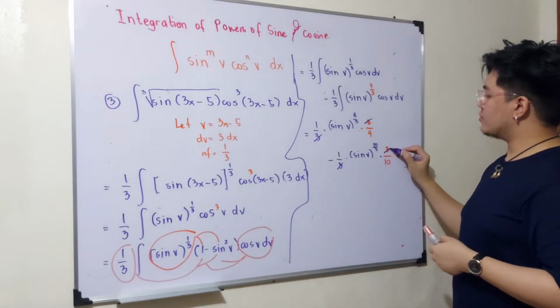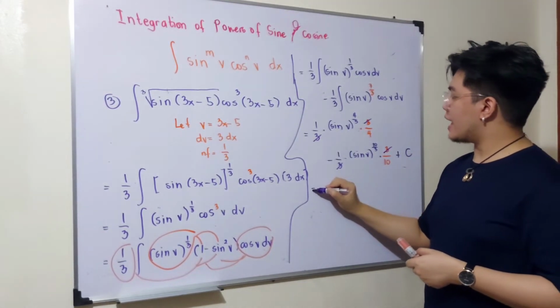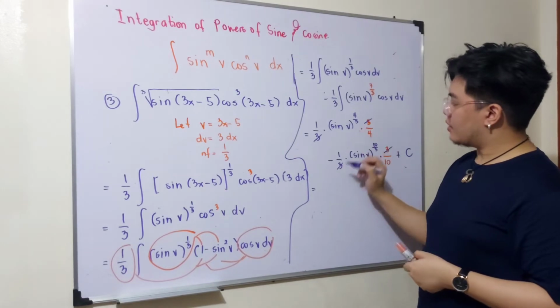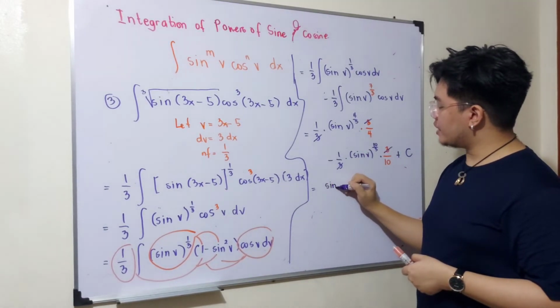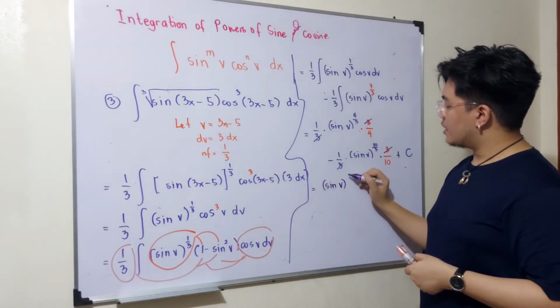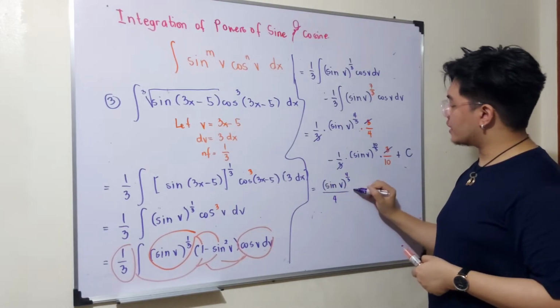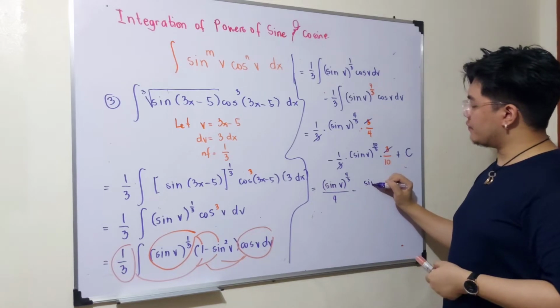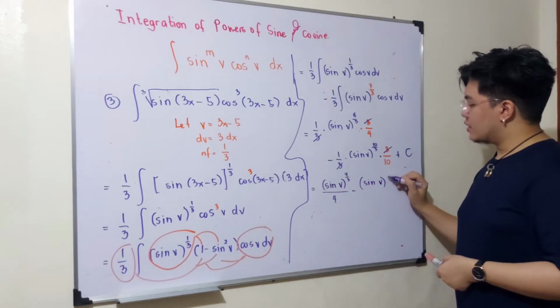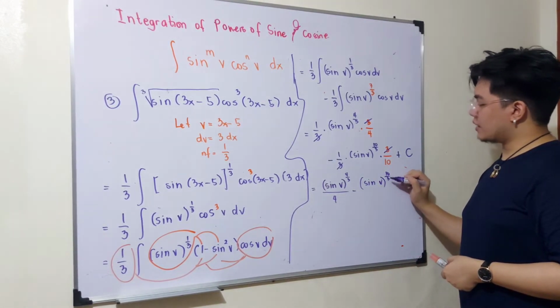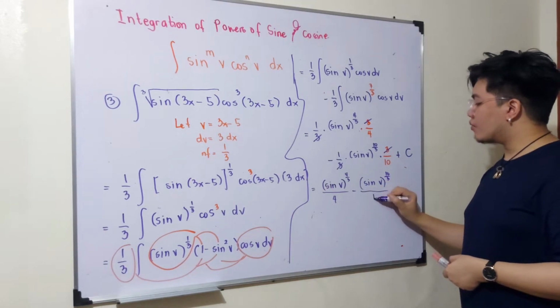Mag-cancel din ito. Bali, matitira na lang ay so we have sine V raised to 4/3 over 4 and then minus sine V na naka-raise sa 10/3 over 10 plus C.